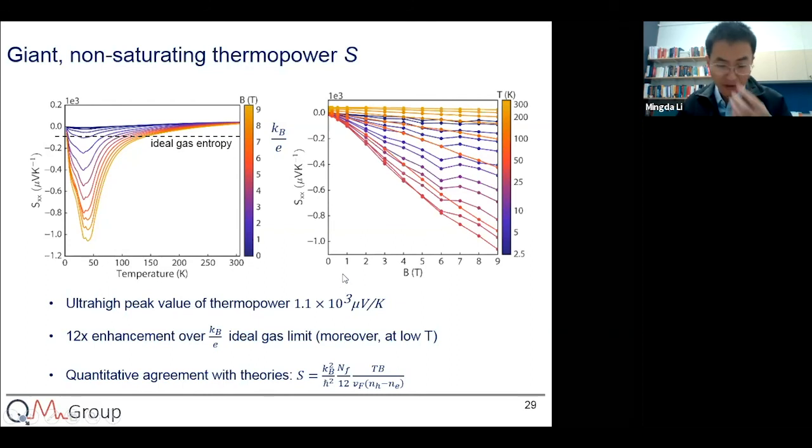The difficulty at low temperature can be understood because many thermoelectrics work at a high temperature, far above room temperature, because that's good for increasing the entropy. But here the peak value is about 50 Kelvin. So in general the entropy in these materials is very low, but it can still reach a very high thermal power, an order of magnitude higher than the ideal gas limit.